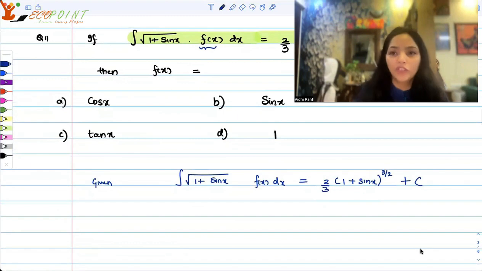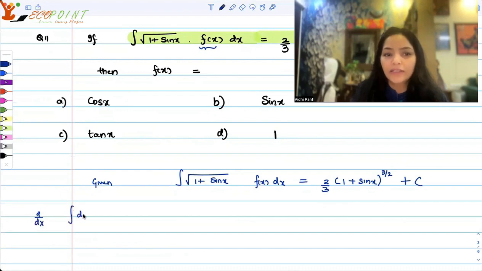If you differentiate on both the sides, you need to know that d by dx and the integral dx are inverse of each other. So when you differentiate an integral, you get the function itself.